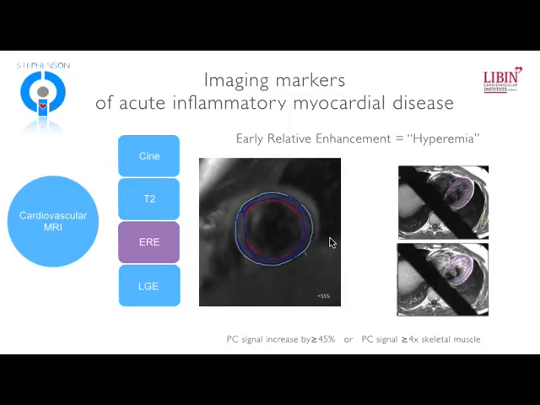And another way to do this is to do quantitative myocardial perfusion assessment. And some people have actually looked at this on the cine images as well, repeating cine images both before and after contrast.